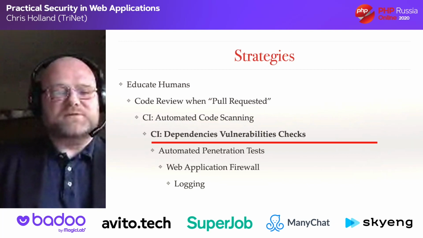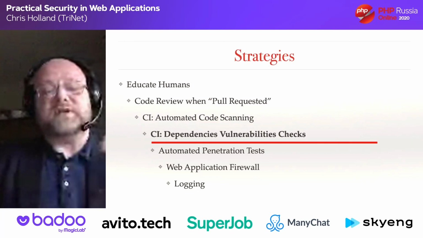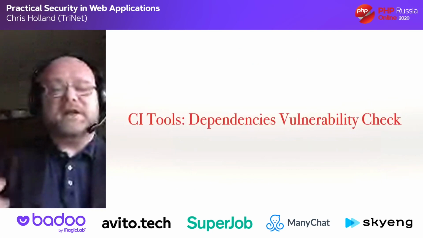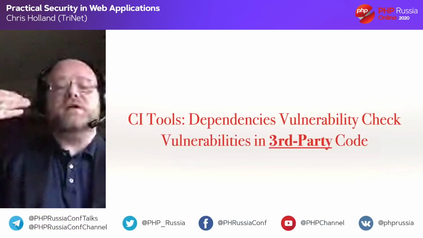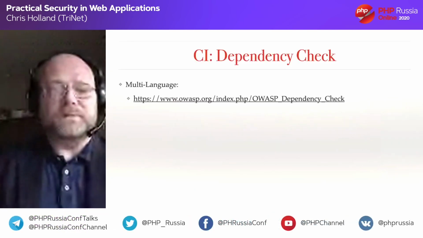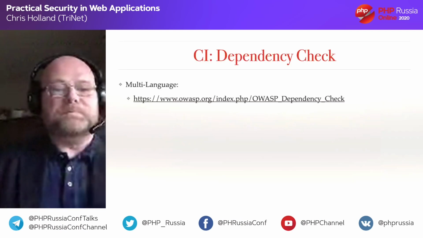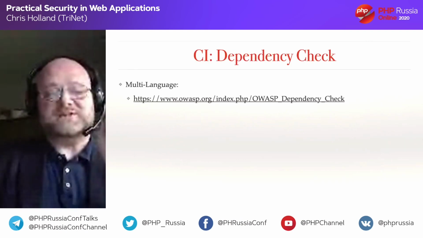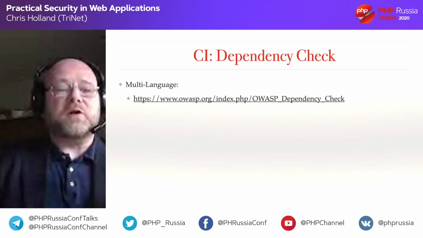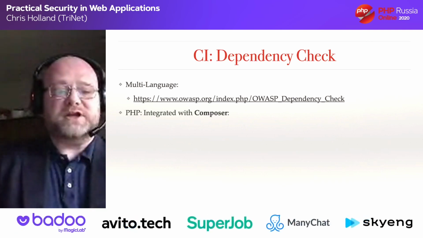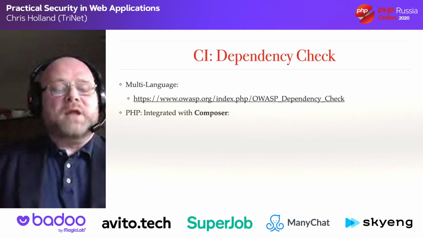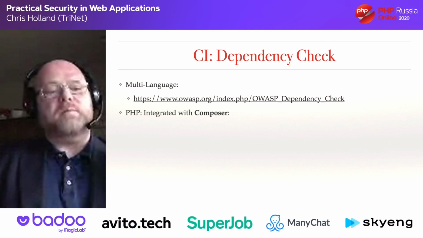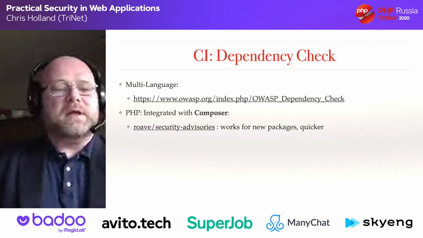So dependencies, vulnerabilities checks. So now we're going to look at finding vulnerabilities in third-party code. The OWASP project has built a tool called the OWASP dependency check, and it supports multiple languages, including PHP. But for PHP, there's kind of a better way to look at this.